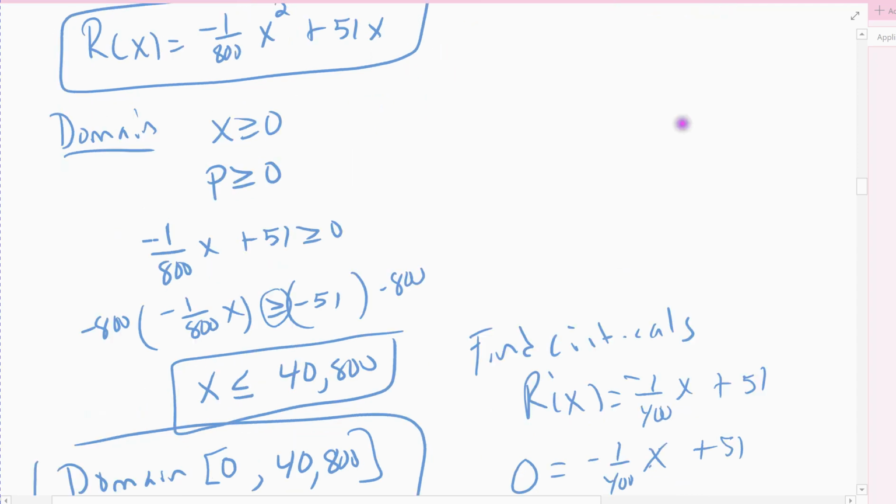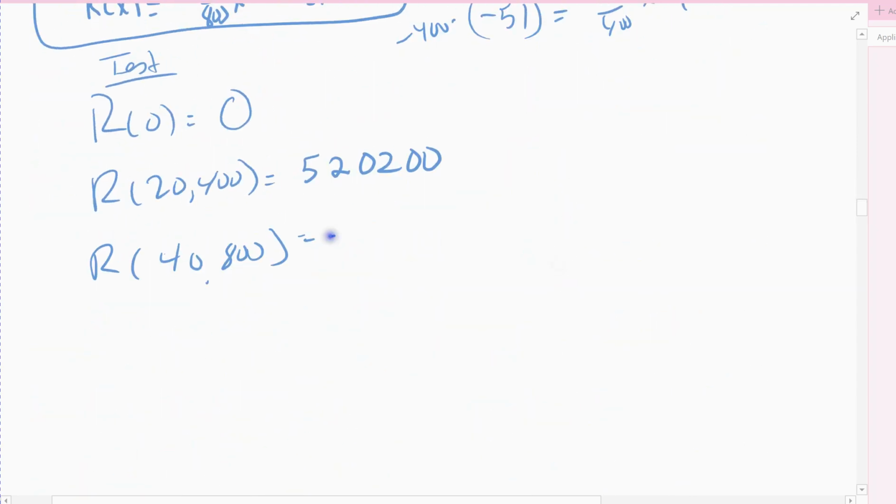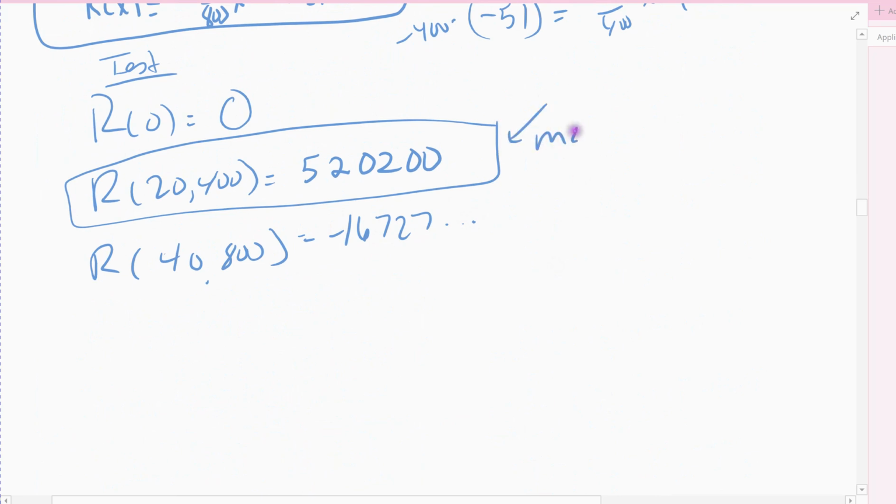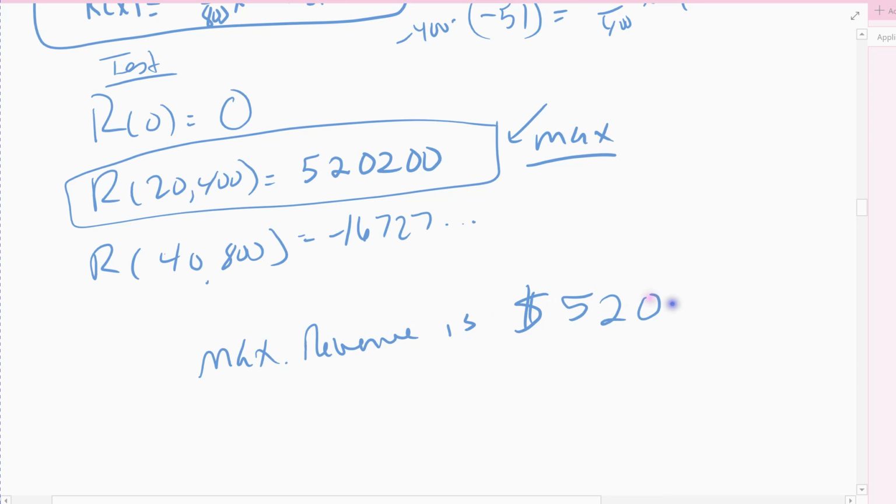And I'm going to double check. Yeah, it comes out a really big negative number. This comes out negative 160,727. Alright, so since it's negative, this is my optimum value. And that is my max. So the maximum revenue is 520,200 when 20,400 tickets are sold.